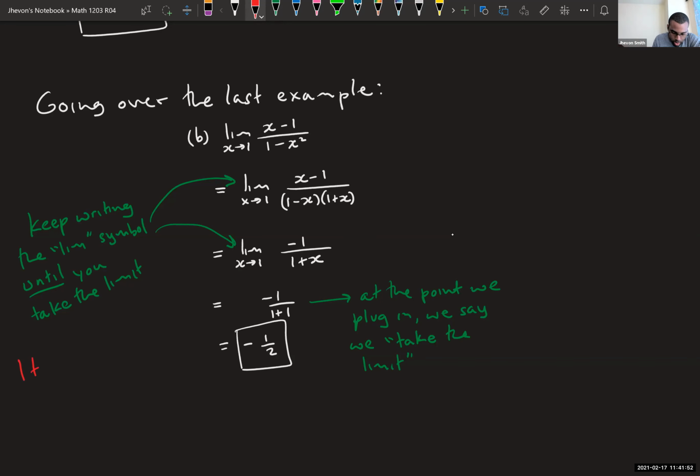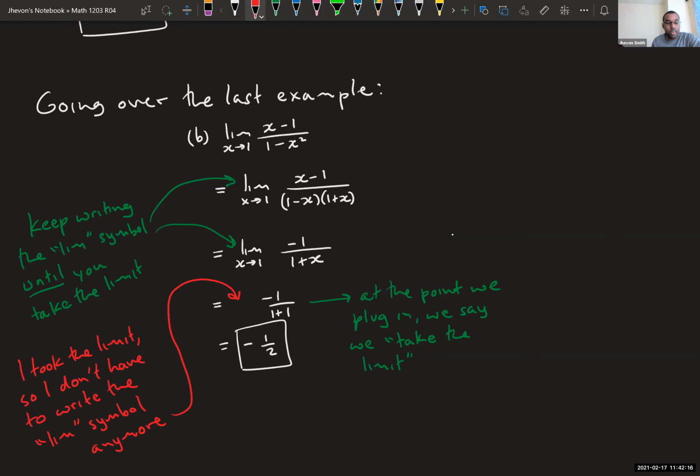I took the limit, so I don't have to write the limit symbol anymore, right? You'll notice at this point, that notation disappears, right?